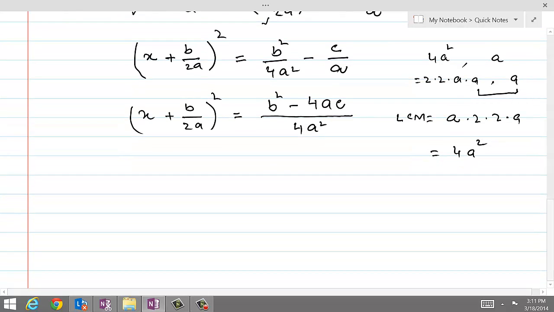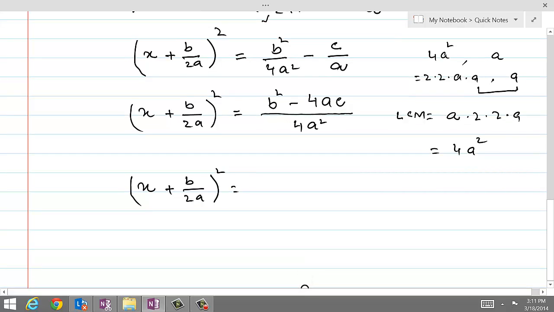Once we have simplified the equation in this form, we are going to use the inverse operation method to find the value for x. x plus b over 2a whole square is equal to b square minus 4ac over 4a square.